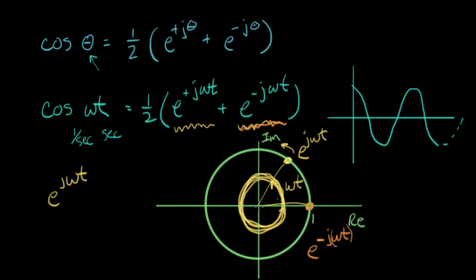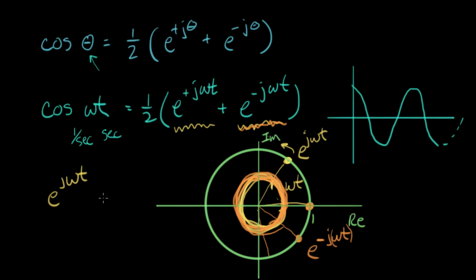So after a little bit of time, it's here, and after a little bit more time, it's here, and what we notice is it rotates this way. This is what happens when you have e to the minus j omega t. You rotate in this direction, and it keeps going and going and going. So these two numbers are pretty similar in behavior, except one rotates counterclockwise and the other rotates clockwise in our coordinate system, which is the complex plane.